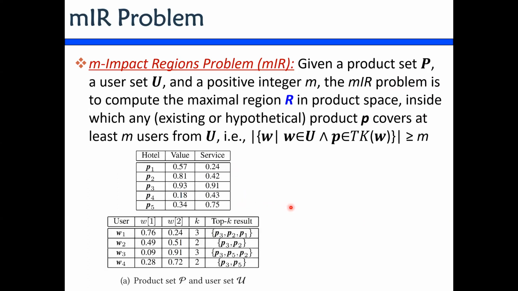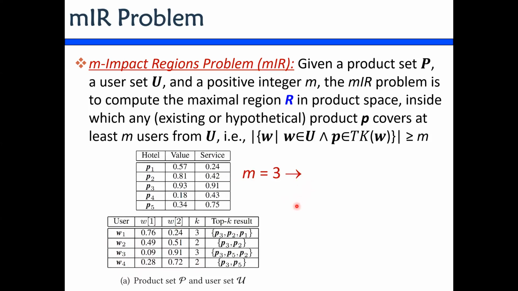So in this scenario here, we have a product set that includes hotels with two attributes. We have a user set that includes 4 users. Here we're listing the user vectors for each of them, each comprising 2 weights, one for value, one for service, and their individual K value. Observe that K can be different from user to user.